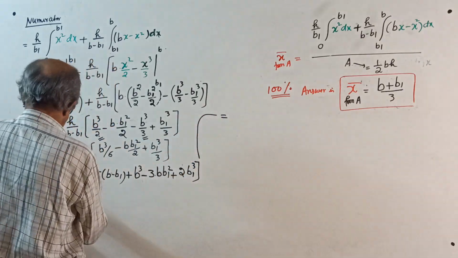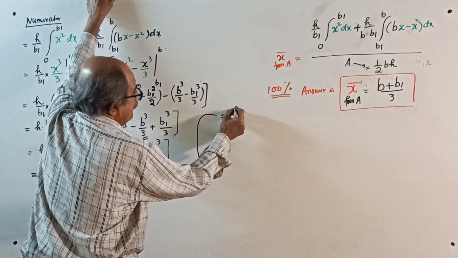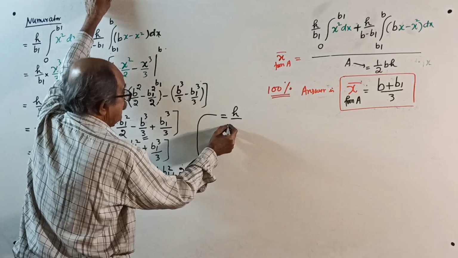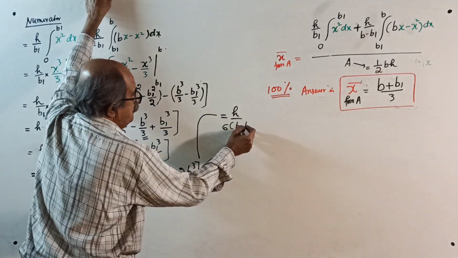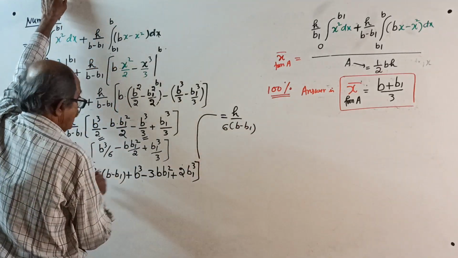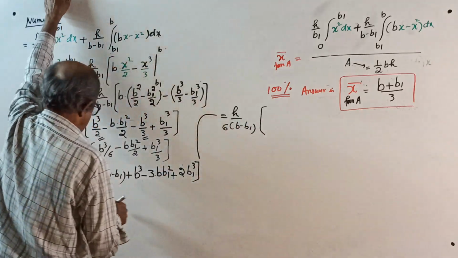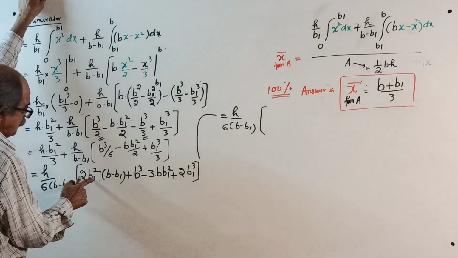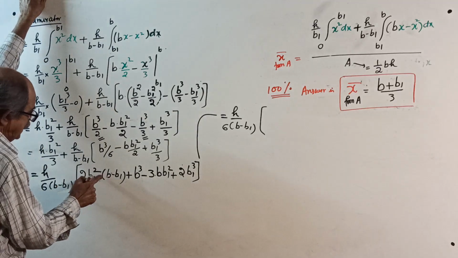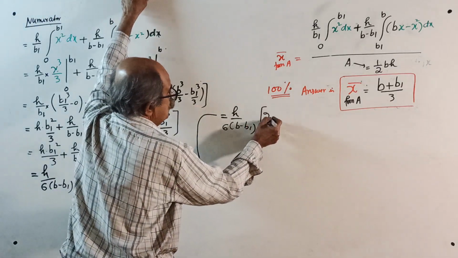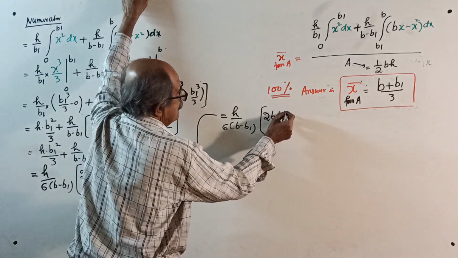Equal to, okay, h by, see, sometimes it happens, h by 6 into b minus b1 into, see, 2b1 square into b. So 2b1 square. I will write 2b1 square.